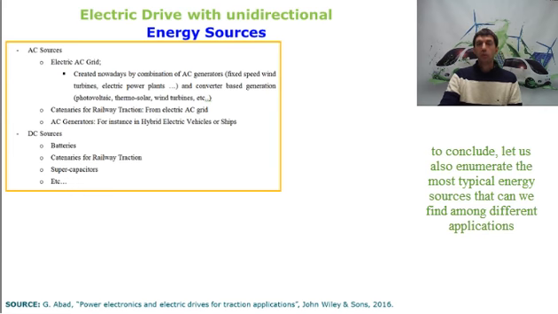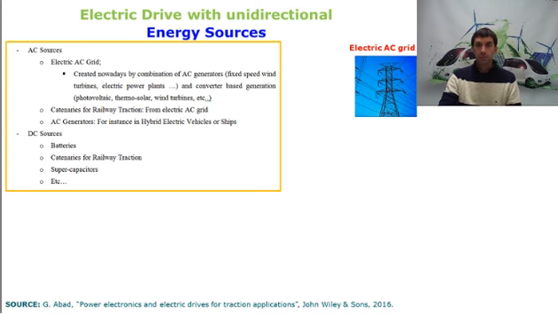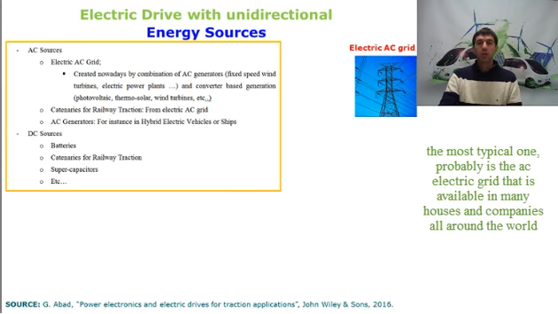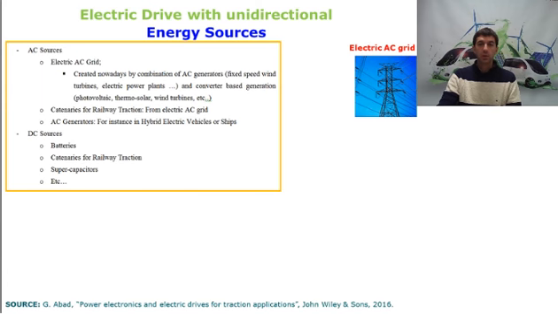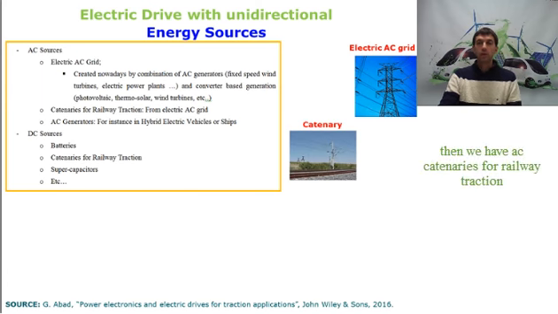To conclude, let's also enumerate the most typical energy sources that we can find among different applications. The most typical one probably is the electrical grid that is available in many houses and companies all around the world. Then we have AC catenaries for rail traction.